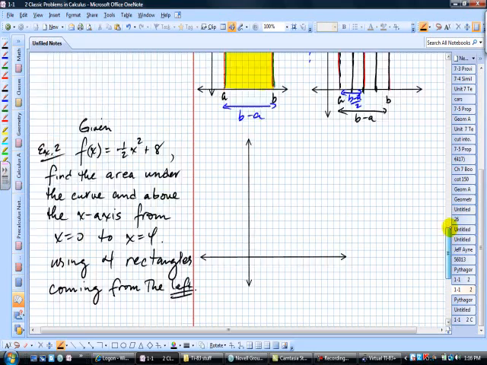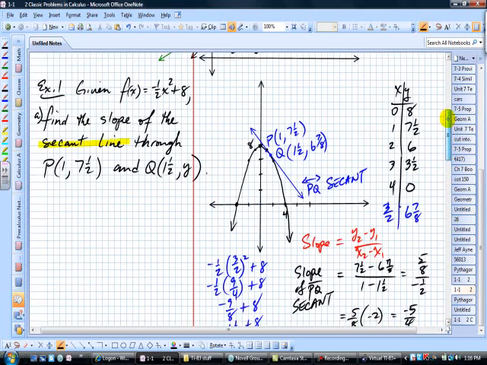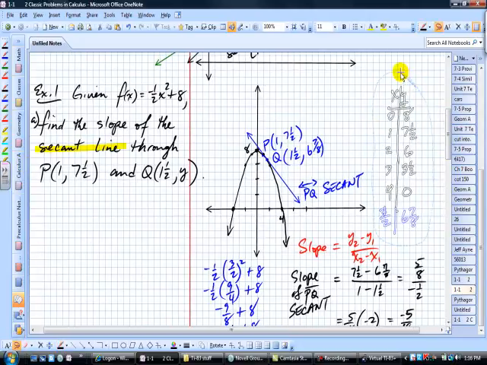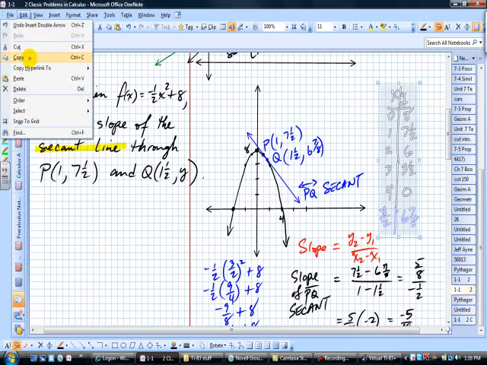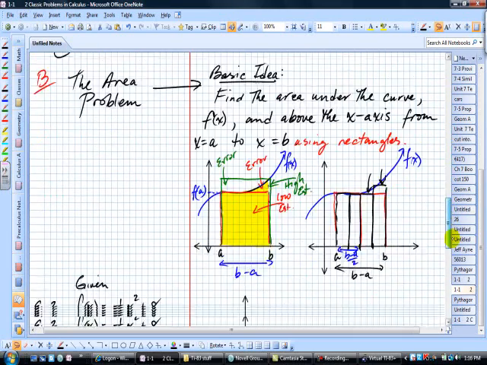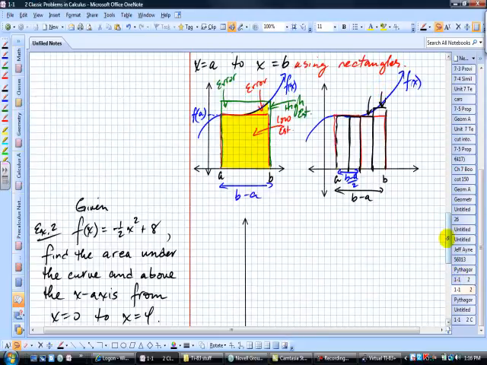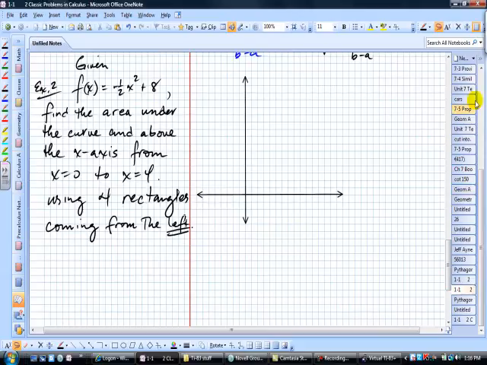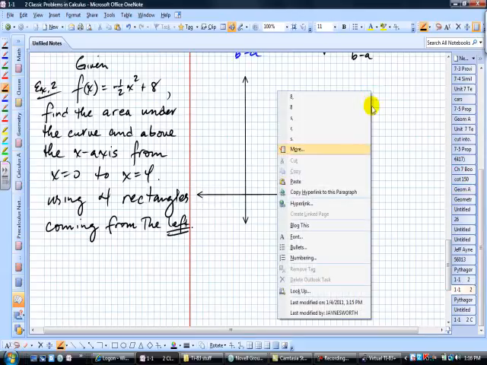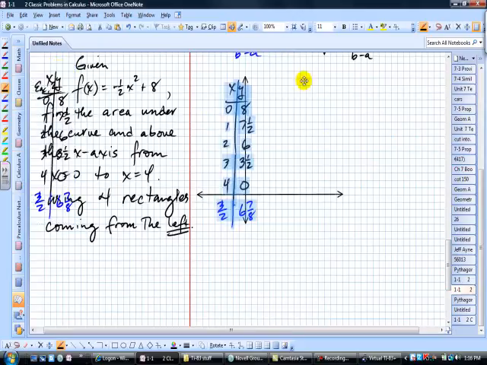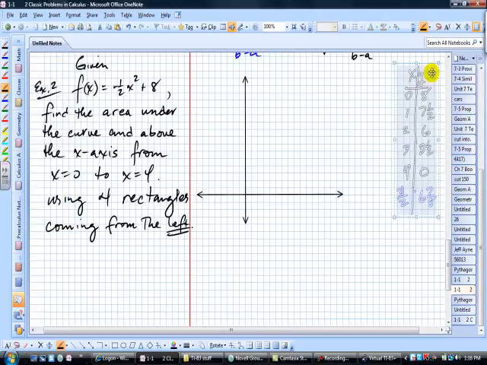You go up to the top here and you get your table of values, which is right here. So let's grab them, copy that, and bring them down here. You do this on your own. Okay, those are our points. We already did that.